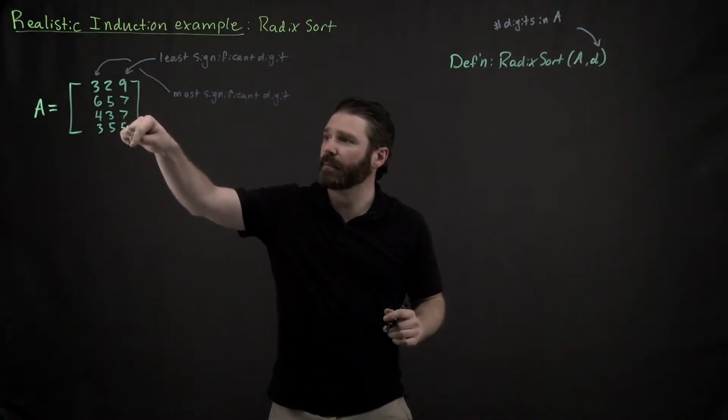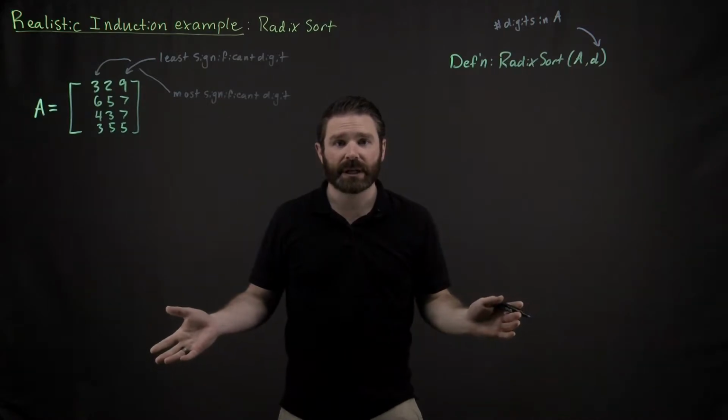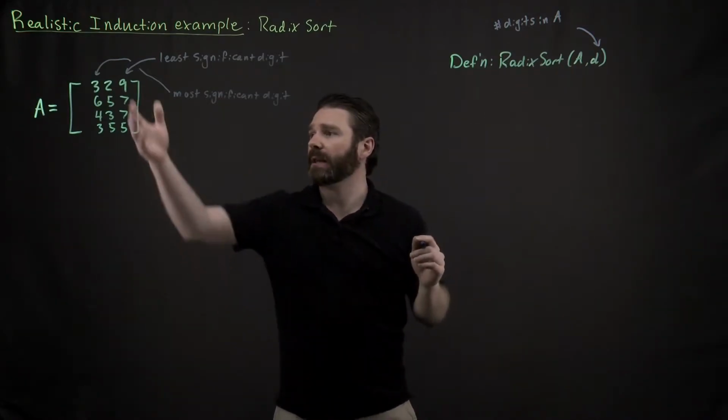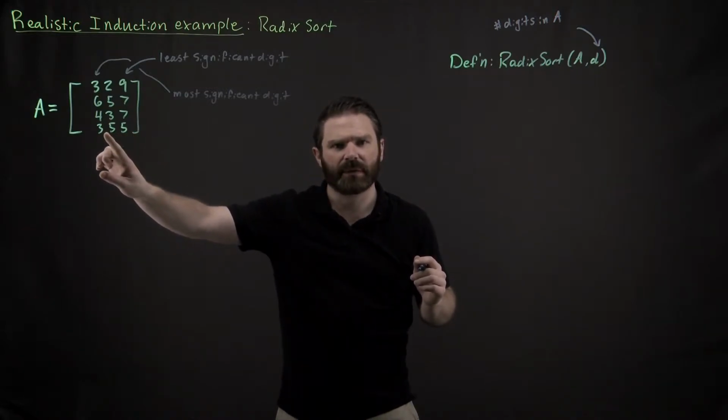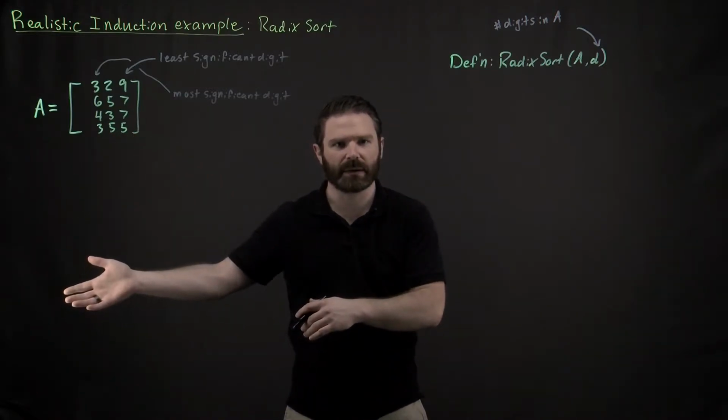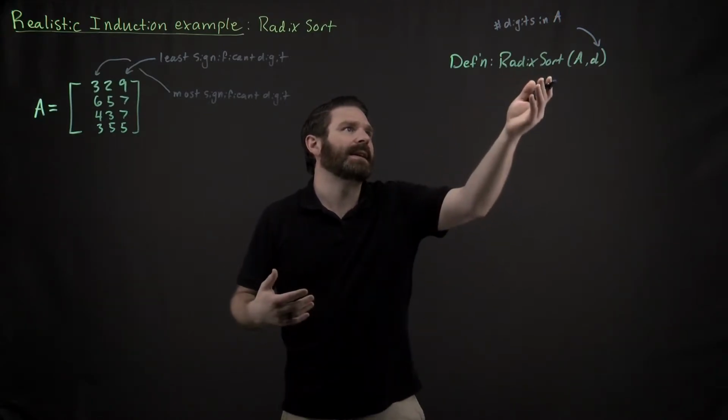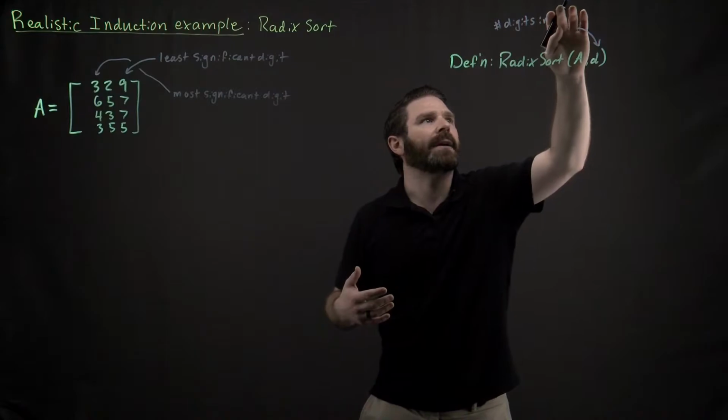In this particular example, they all have the same number of digits, but if you had maybe a 55 here instead of a 355, you can always pad the left with zeros. So in any case, it's the number of digits in any particular number in A.